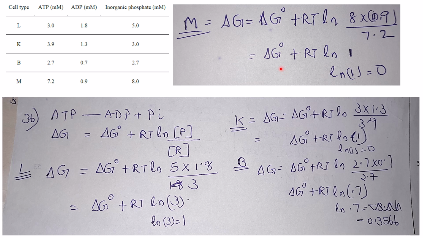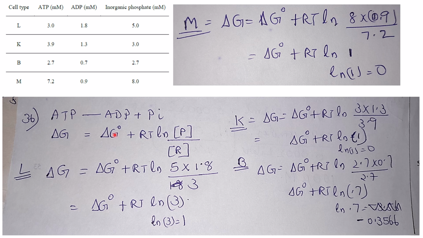So we know that for ATP hydrolysis, delta G0 is always negative. Now listen carefully.